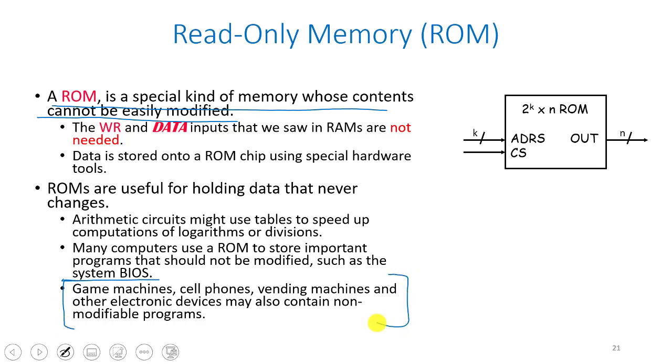ROMs are basically the memory of devices that you don't want to change. For instance, you never program your remote control at home to do anything extra because the information is already stored inside the ROM. Your car keys, the remote control, you cannot reprogram them to do something extra because they are programmed for that particular task, which is the use of ROMs.